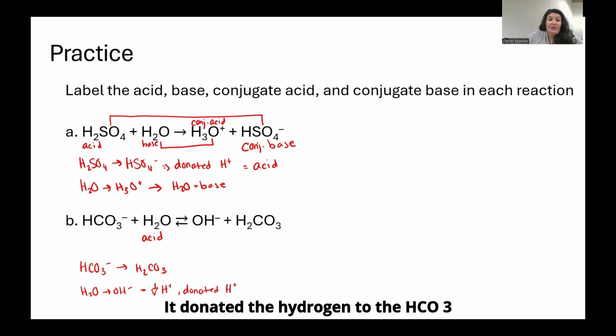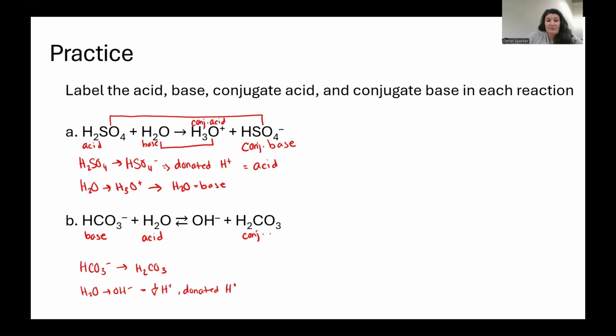It donated the hydrogen to the HCO3 minus, which means that this is the base. The base's pair is going to be a conjugate acid, and the acid turns into the conjugate base.